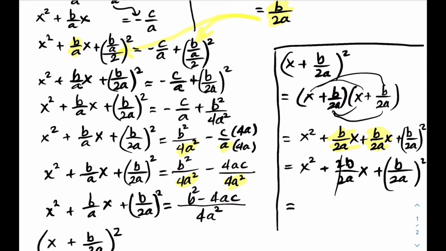We're going to cancel the 2. X squared plus b over a x plus b over 2a squared.